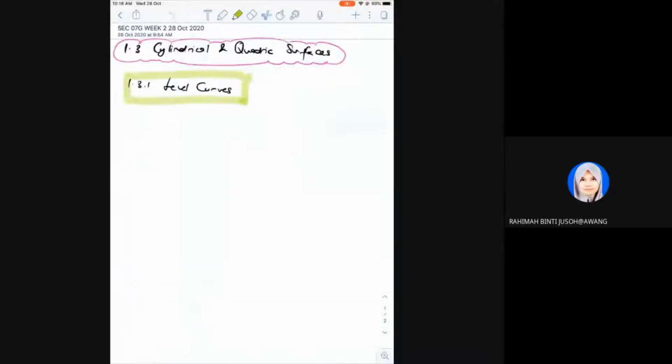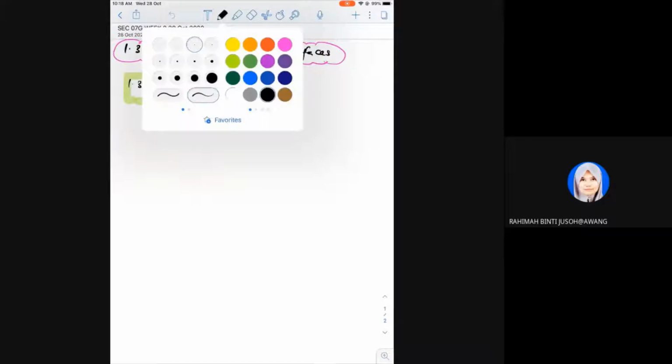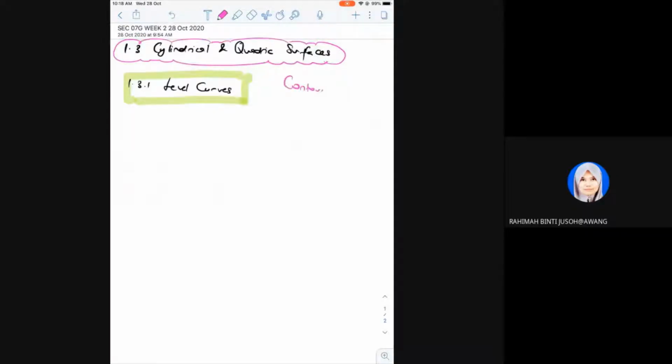I give you one example. Before I explain about the level curves, have you ever heard about contour map? Contour map in your secondary school? In geography subject, if I'm not mistaken, in Form 2. Okay, you already learned about contour map in geography subject.